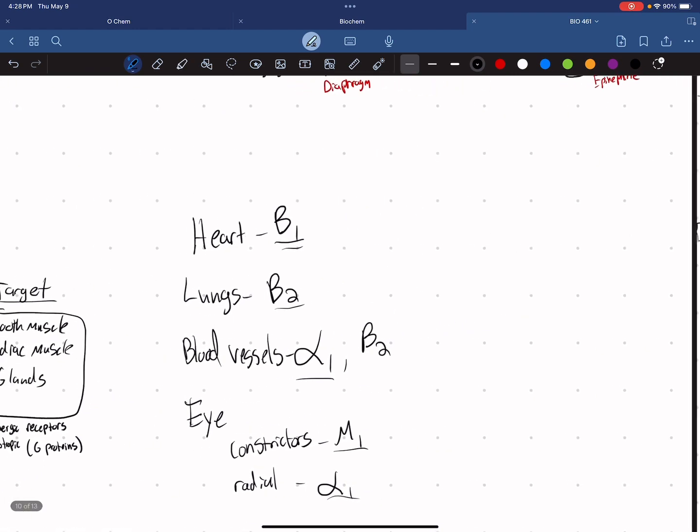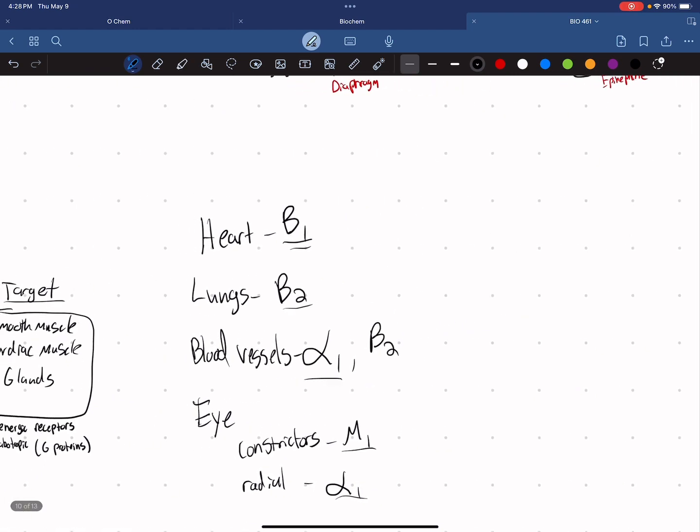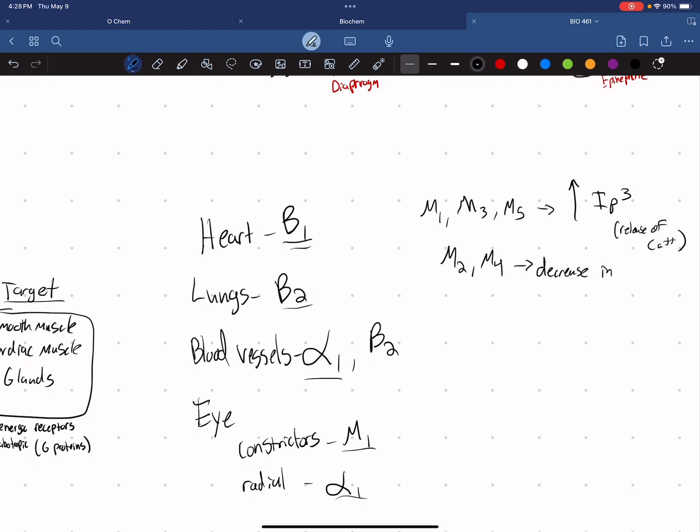More specifically, when thinking about a few more of these receptors, we have M1, M3, and M5, which will increase IP3, which we know causes a release of calcium. M2 and M4 receptors will cause a decrease in cAMP.